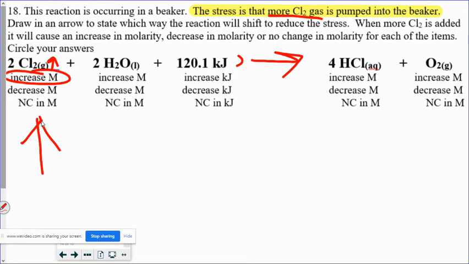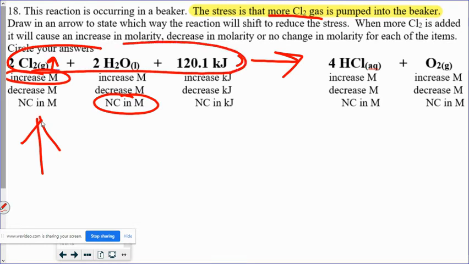H2O is a liquid. So since it's a liquid, there's going to be no change in molarity. We learned that in our 15s experiment. Molarity does not change for liquids and solids. If you add more moles, they take up more liters, and the molarity stays the same. If these things are reacting with each other to make these items over here, the energy is going to be used.